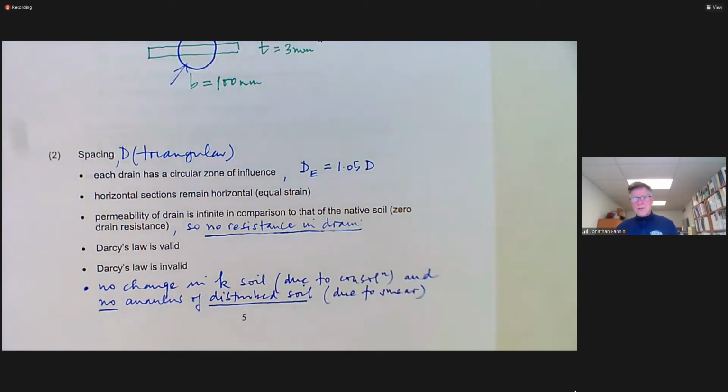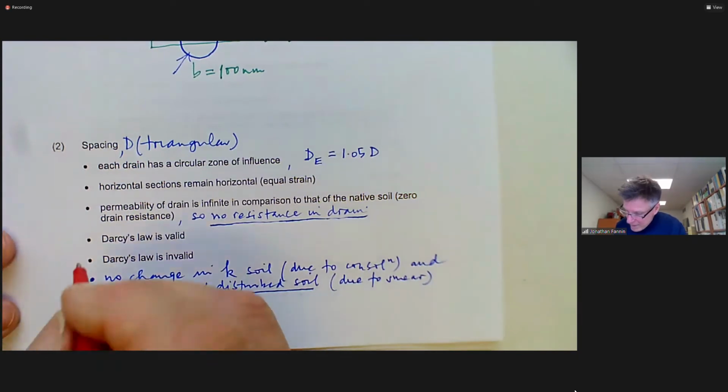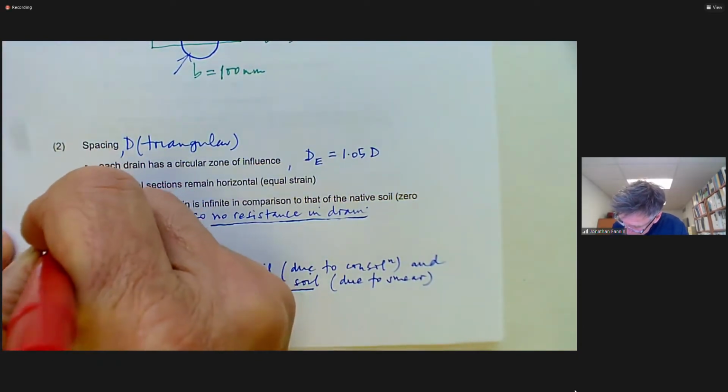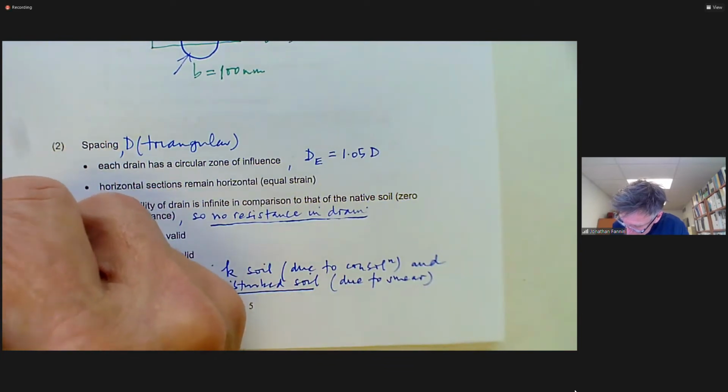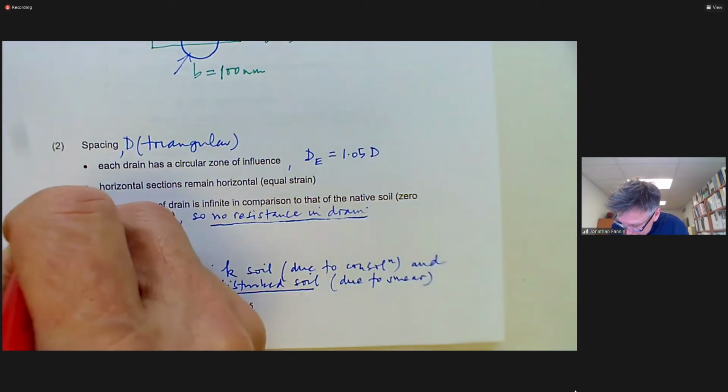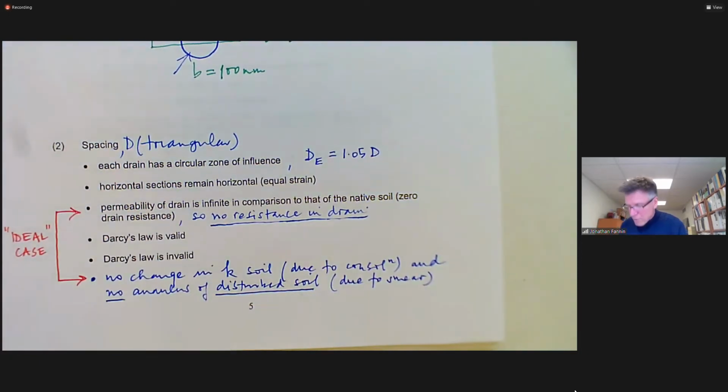And this combination of no resistance in the drain and no annulus of soil, we'll call that the ideal case. And this is going to be one of three cases that we'll look at.